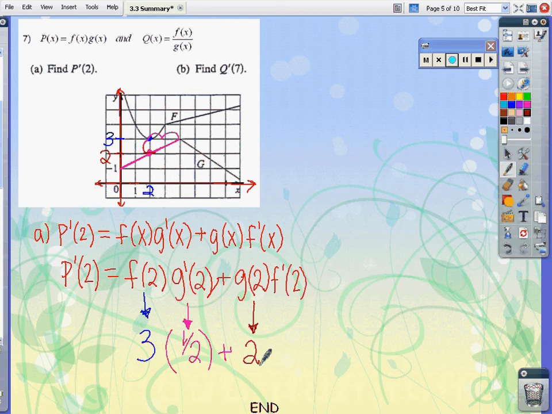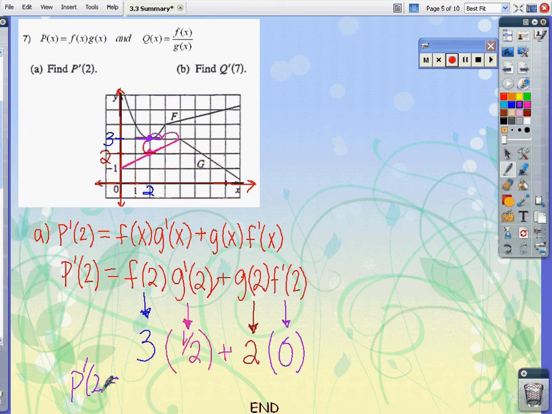I would go to 2 and find the derivative, which means slope, of the function at that point. Well, that is a horizontal tangent, so the derivative there is 0. The answer to this, p prime of 2, is 3 halves plus 0. So it's 3 halves. I'm actually going to stop it there.